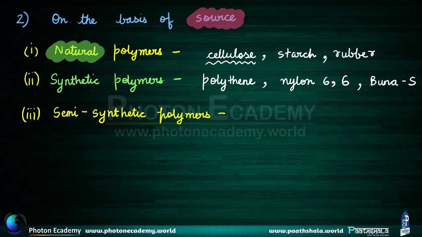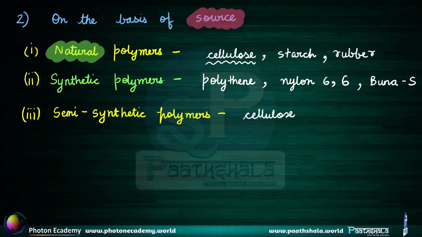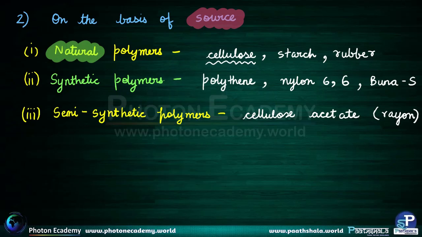So we can have examples of semi-synthetic polymers as cellulose acetate, so an addition to cellulose which was a natural polymer, and this is known as rayon. Okay, so there are a lot of polymers which are actually natural polymers, and man makes some changes in them, and they came to be known as semi-synthetic polymers. So this classification is on the basis of source.